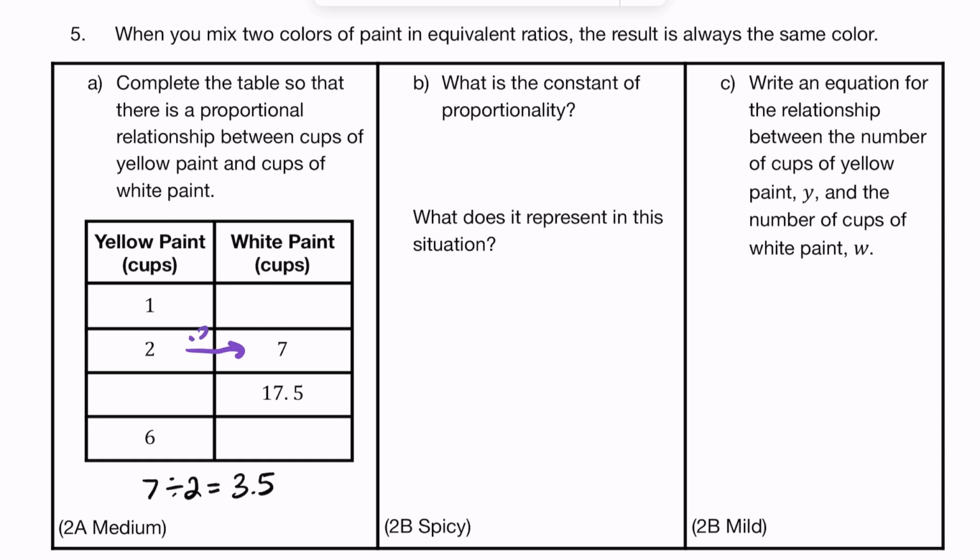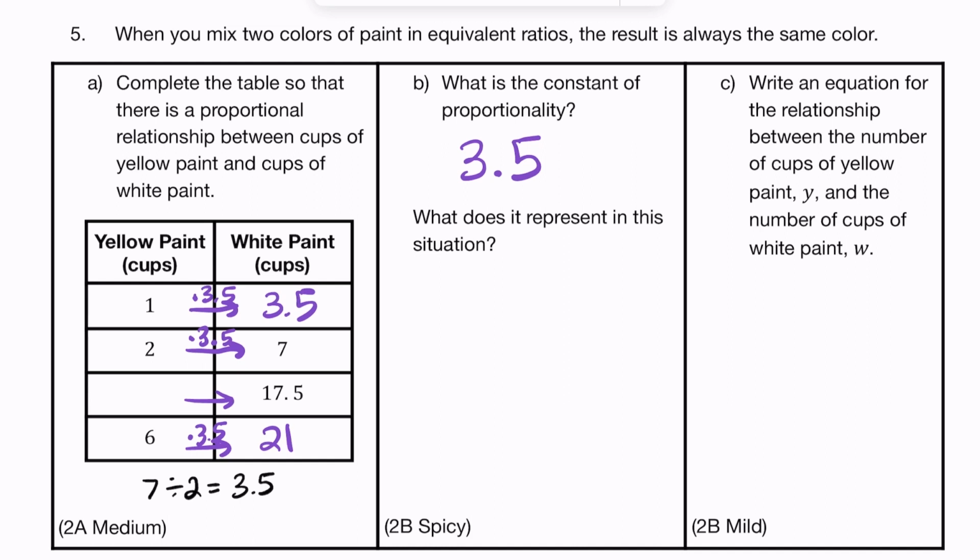So 2 times 3.5 equals 7. That is going to be my constant of proportionality. And then I can use that. 1 times 3.5, we have 3.5 here. 6 times 3.5, we'll have 21 here.